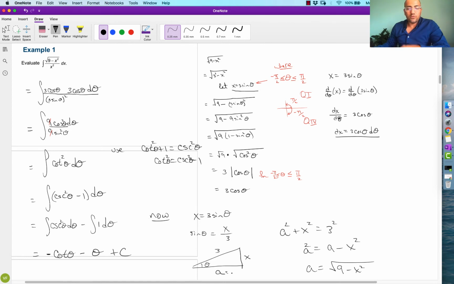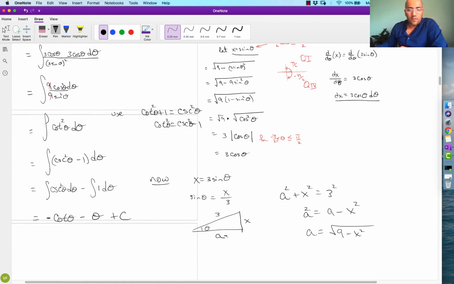This is equal to the square root of 9 minus x squared. Okay, so based on this little triangle, I'm able to solve for this. Cotangent is equal to adjacent over opposite. So this is going to be equal to minus square root of 9 minus x squared over opposite, which was x.